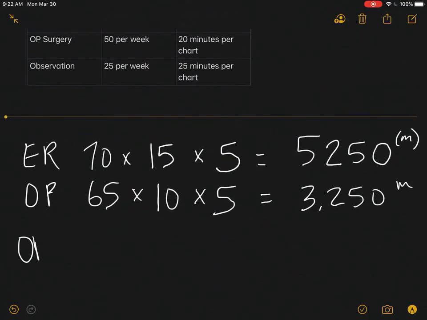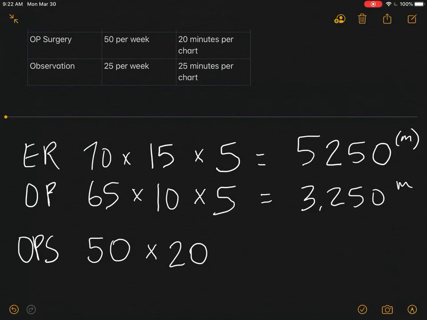If we keep going, we have our OP surgery, and we have 50 per week. So we just have 50. But they take 20 minutes per chart. Okay?